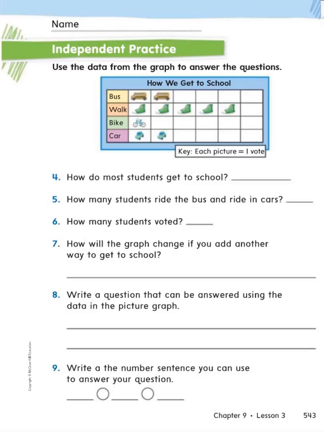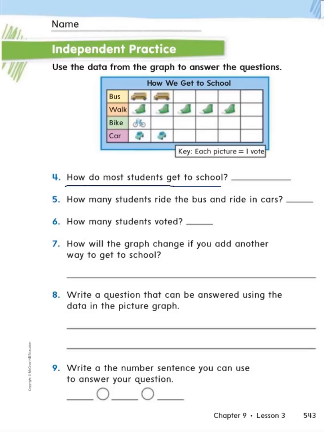What I want you to do is pause it here and see if you can figure out numbers 4 through 9. When you're ready, click play again. Okay, welcome back.